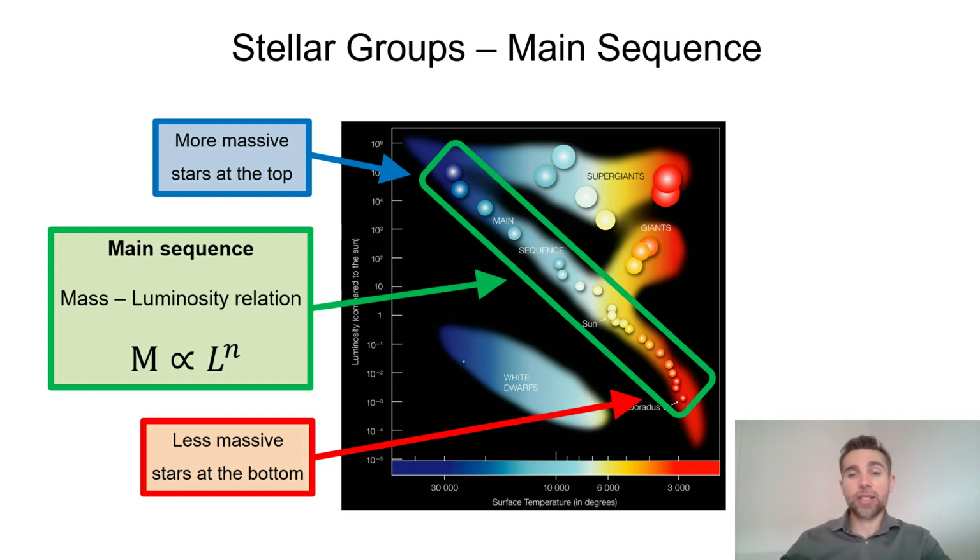The reason for that is the stars on the main sequence are not transporting their energy from their core, where it's made, to their surface in the same way. There's different physics occurring there. Red dwarf stars are predominantly convection. The way that their energy gets from the centre to the surface is convection.